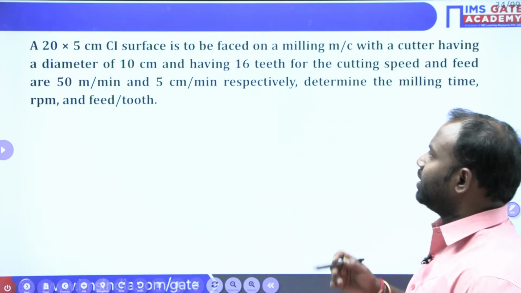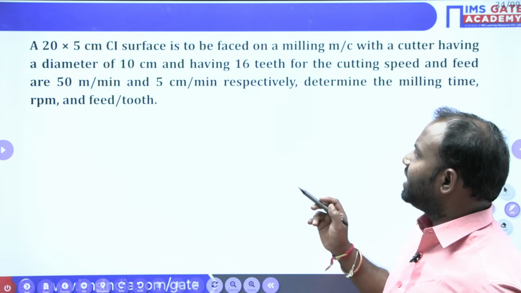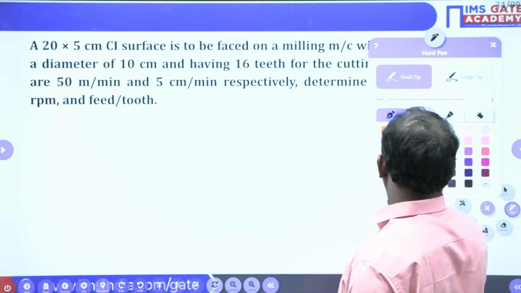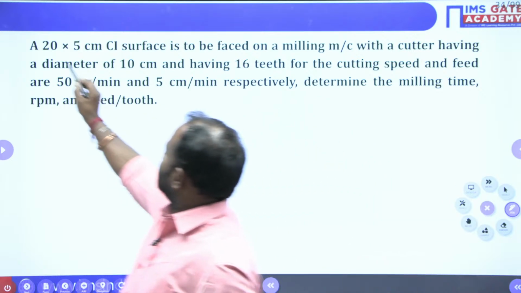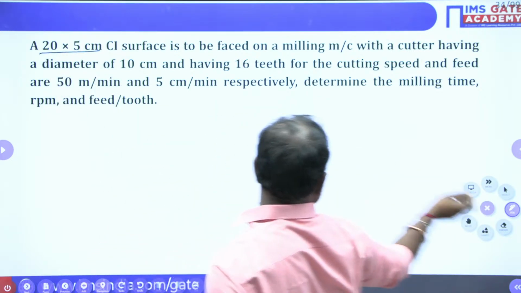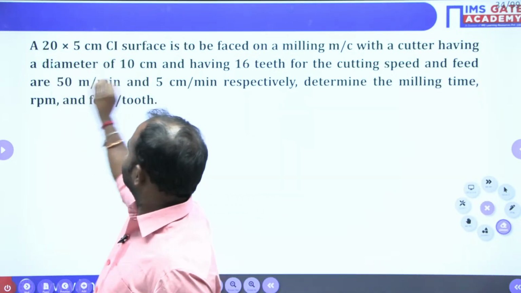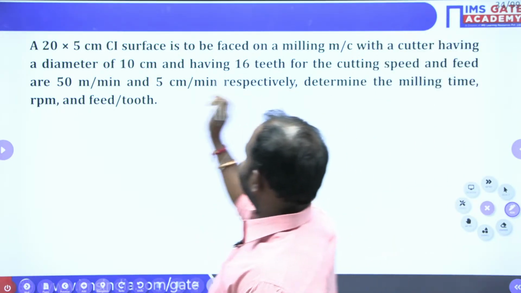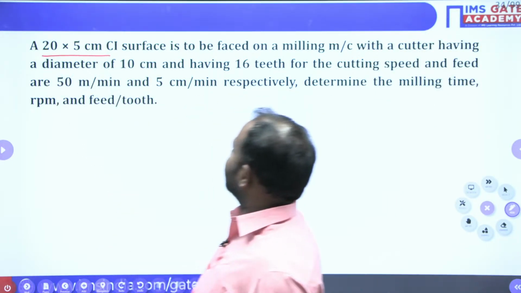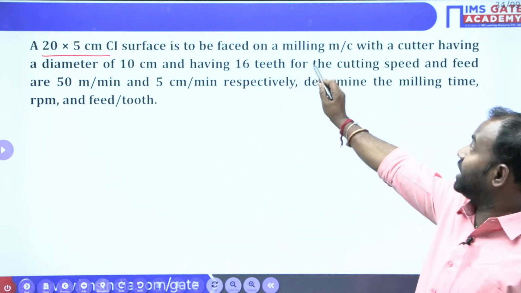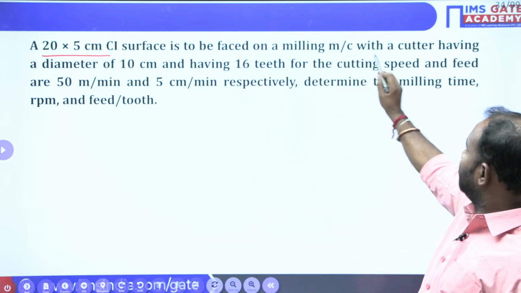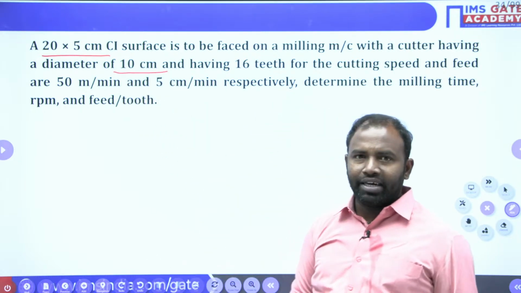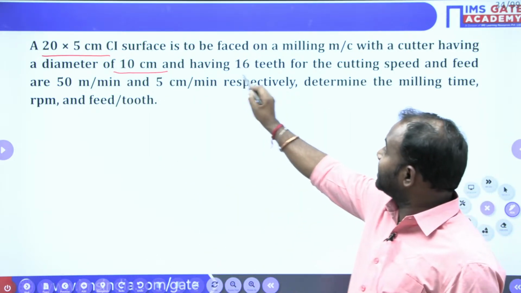A 25 by 5 centimeter cast iron surface is to be face milled on a milling machine with a cutter having a diameter of 10 centimeter and having 16 teeth.